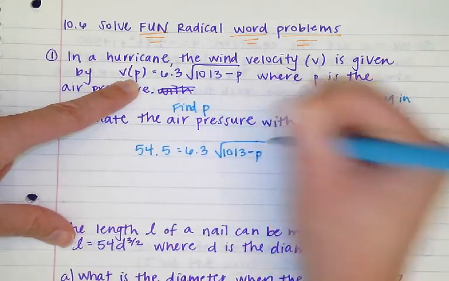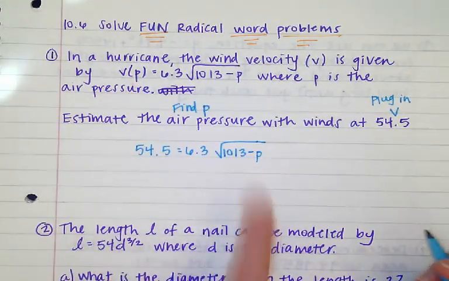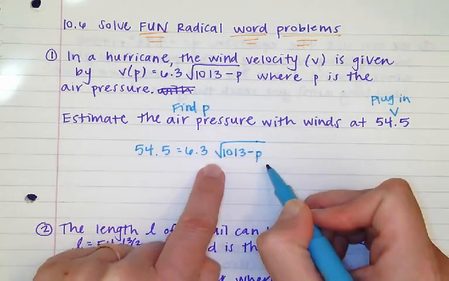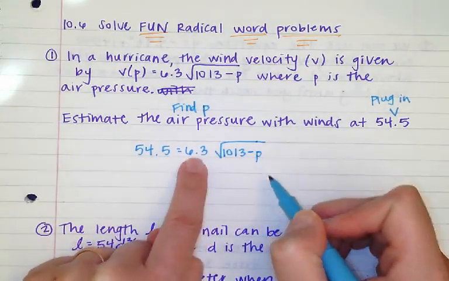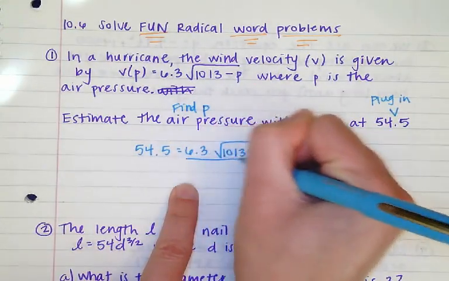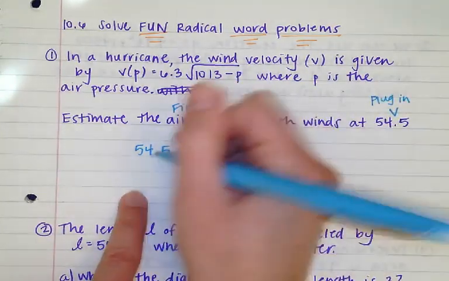And then we're going to use our solving steps to isolate P, the air pressure. So remember, we have to get the radical by itself first. So I'm going to cancel the 6.3 by dividing both sides of the equation by 6.3 to make that cancel out.